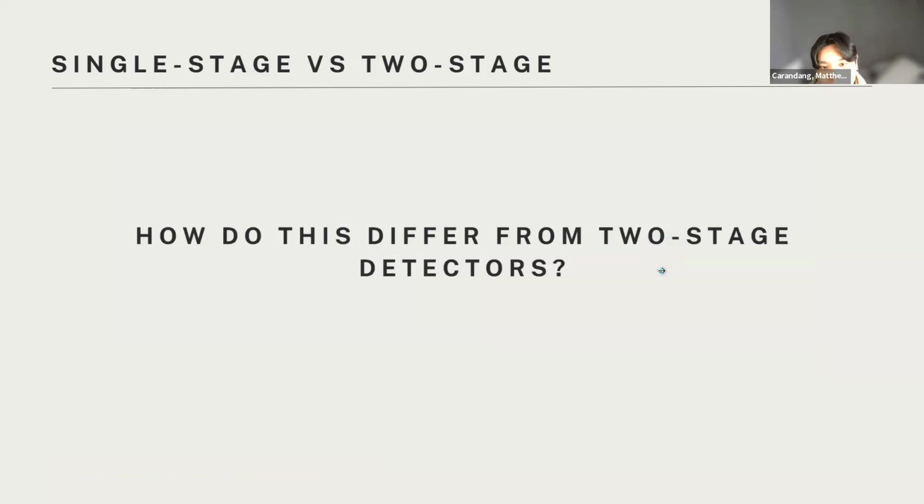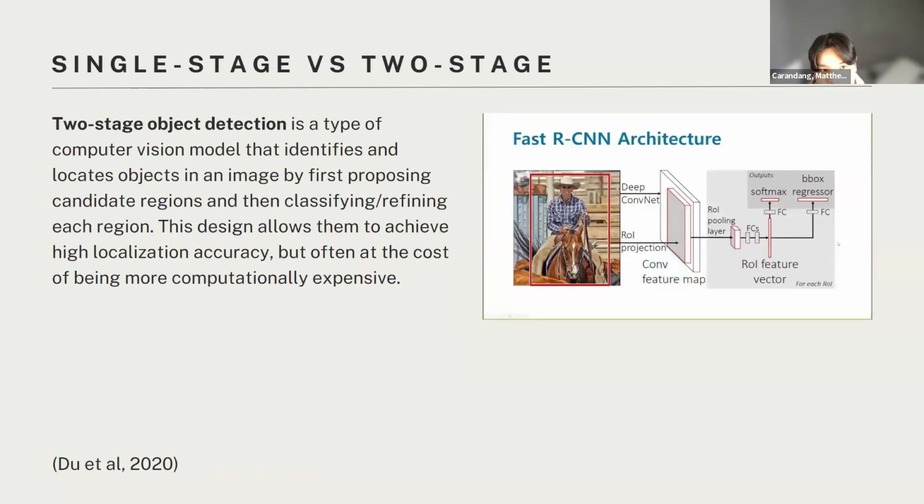So how do these single stage object detectors differ from two-stage detectors? First, a two-stage detector is a type of computer vision model that identifies and locates objects in an image first by proposing candidate regions and then classifying and refining each region.